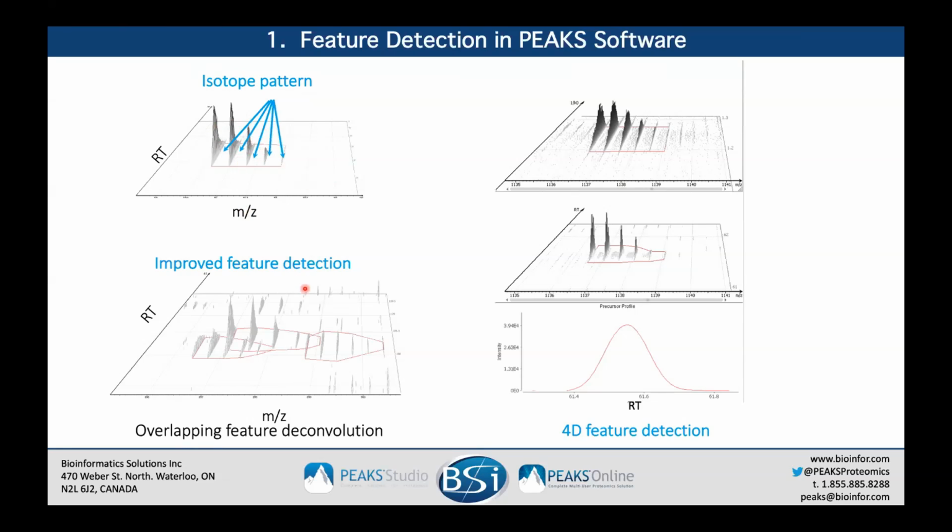What we've done is now improve this feature detection to allow a fourth dimension in the ion mobility, so we can look at both the ion mobility across M/Z as well as retention time across M/Z. And we've also improved it so that we can look at overlapping features, in particular chimeric scans.